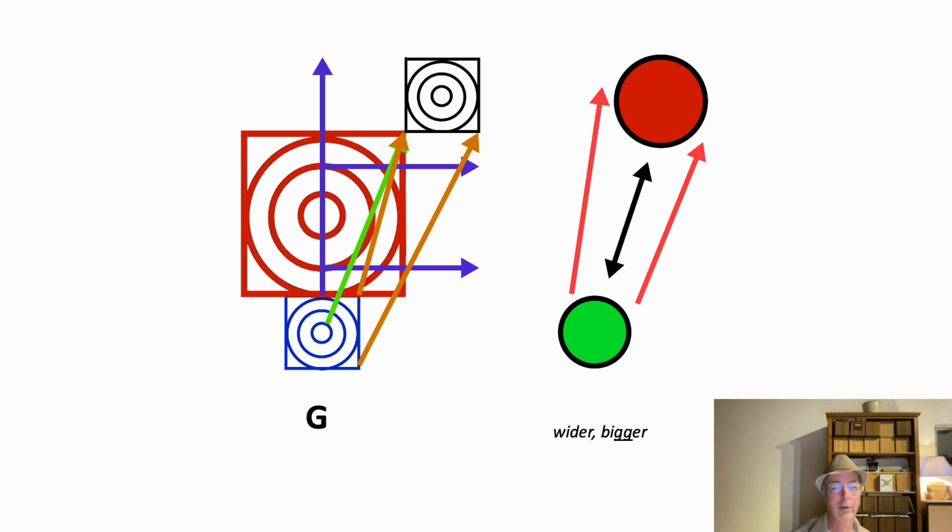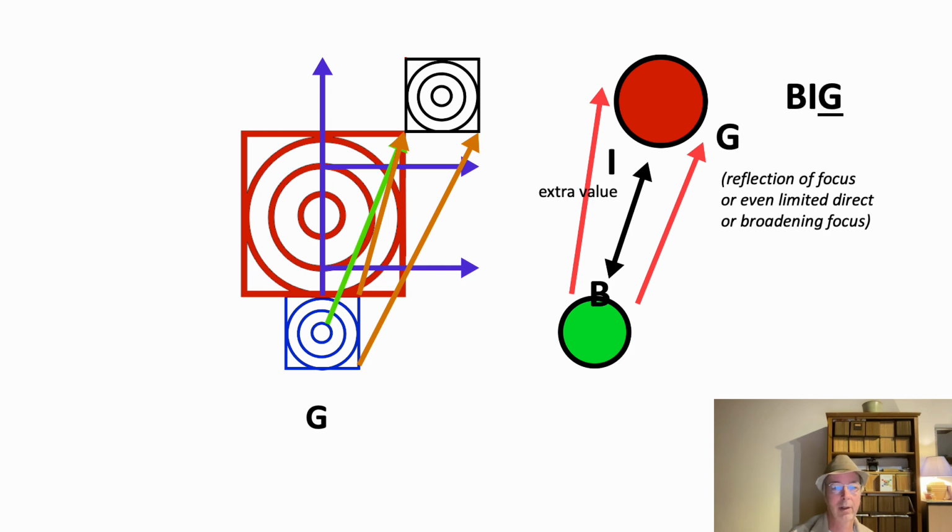So if we try to focus upon this larger measurement, it also will look wider or bigger. The bigger with the G, as you can see. The B, if I explain it, is already broadening the center point of vision to something which is larger.